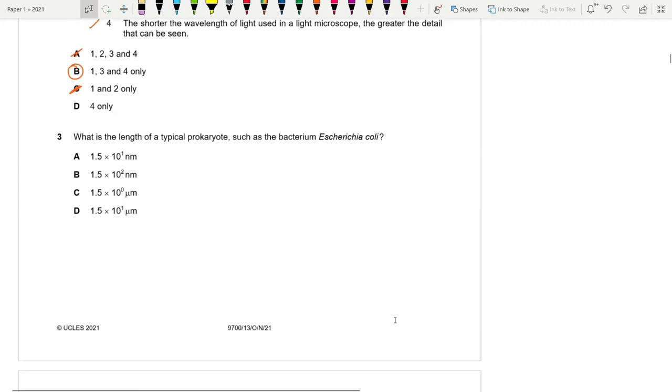Number 3, what is the length of a typical prokaryote such as E. coli, Escherichia coli? So it's going to be C. It's around 1.5 micrometers. This is a bacterium. Okay, so what's the typical length of a bacterium? 1.5 micrometer works, okay?